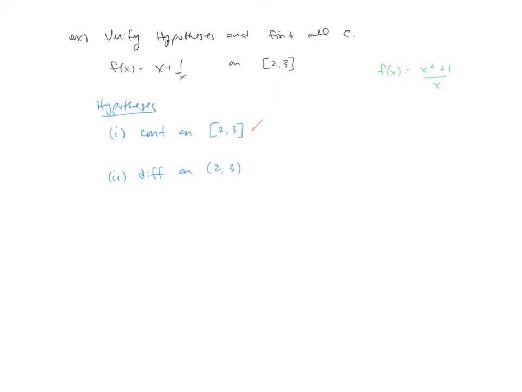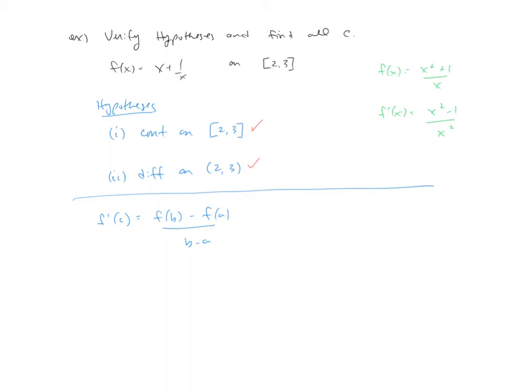Differentiable on 2 to 3. Well, what you might do there is go ahead and take the derivative. Once you take this derivative, you would get x squared minus 1 over x squared. You could certainly work that out on your own. But once again, we're still differentiable on the open interval 2 to 3. So we're good there. Now, what we're trying to find is the c values such that f prime of c equals f of b minus f of a over b minus a.